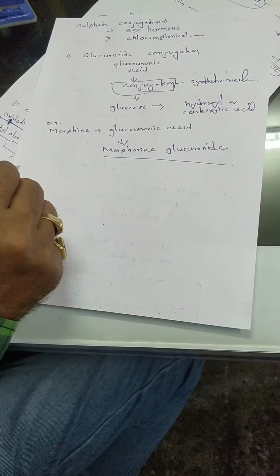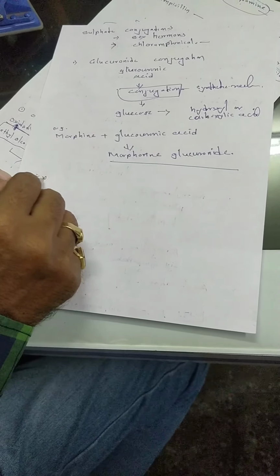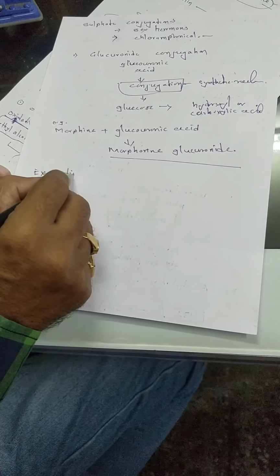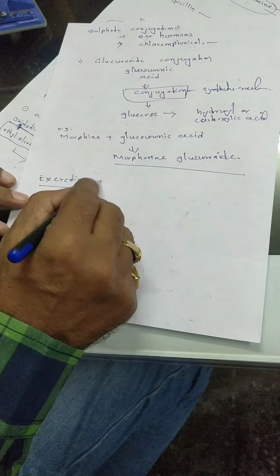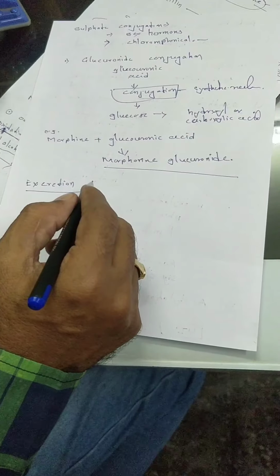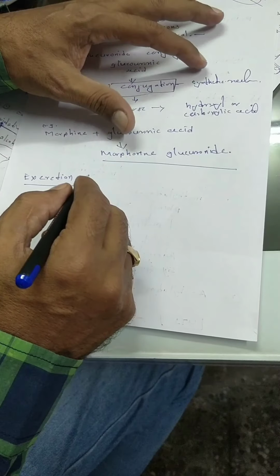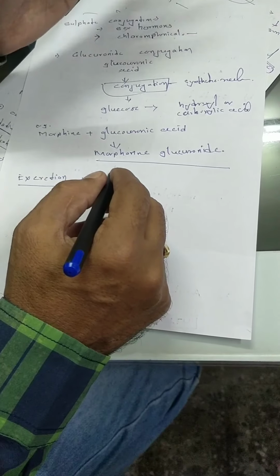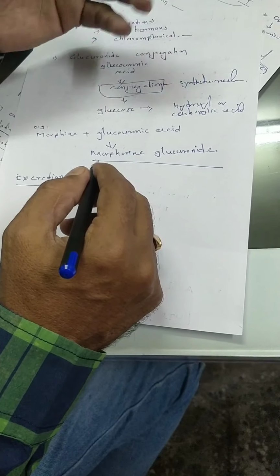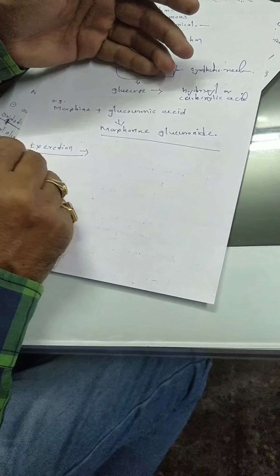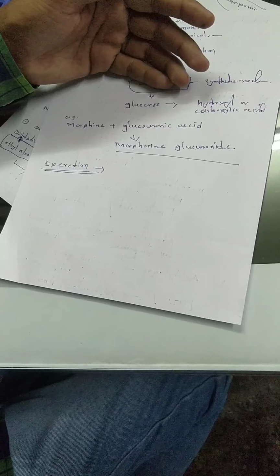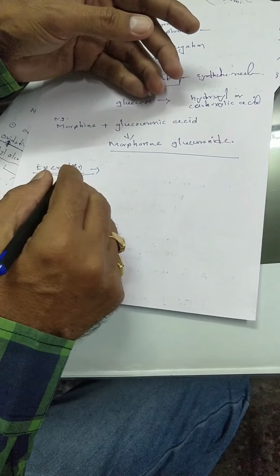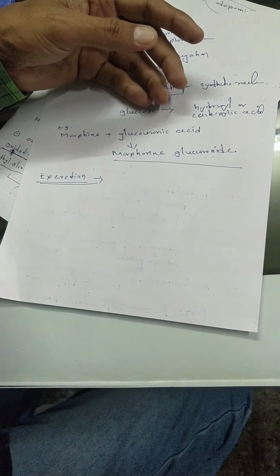Now the last part of the third chapter is excretion. Excretion means elimination of the drug through the urine or fecal matter. You already studied it last year in HAP. Excretion means elimination of the drug and its metabolites from the body.